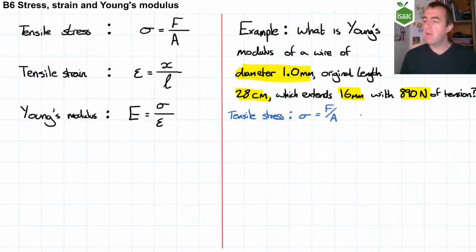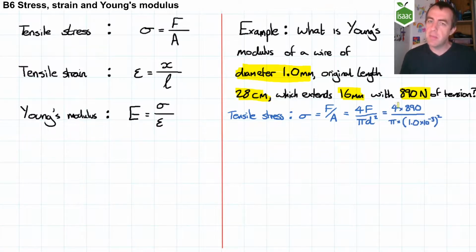Well, let's start by finding the tensile stress, which is the tension divided by the cross-sectional area. The cross-sectional area was 1/4 pi d squared, so I've substituted that in here. Now the next step is very important. When I've substituted the numbers, I know that my diameter must be in meters and my force in newtons for my tensile stress to be in pascals.